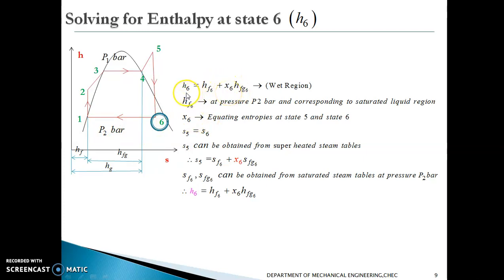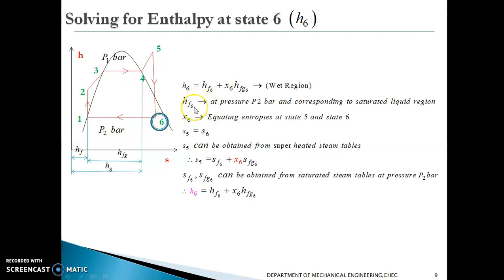So in order to find h6, we need to calculate three terms. First is hf6, second is x6, and third is hfg6. Here hf6 and hfg6 can be directly found at pressure P2 bar, since point 6 lies on pressure P2 bar.